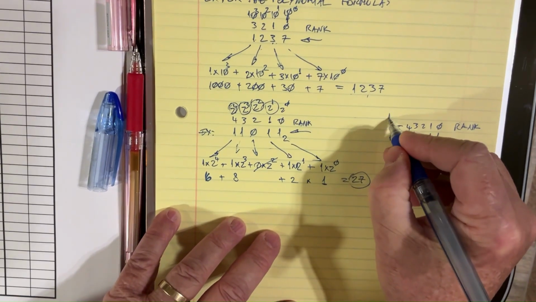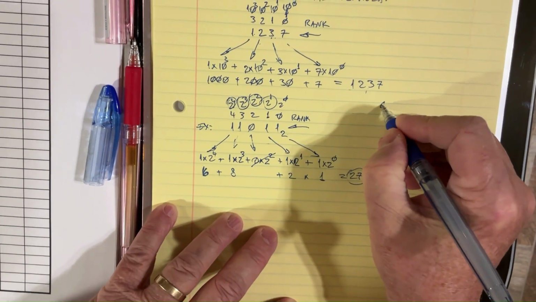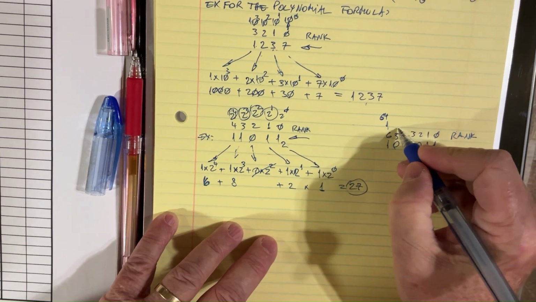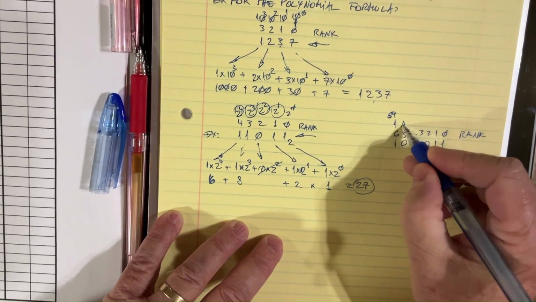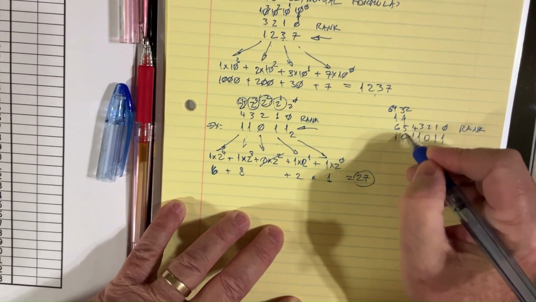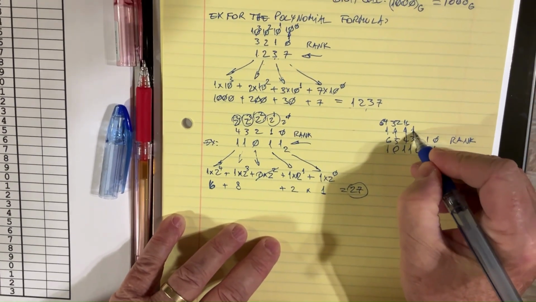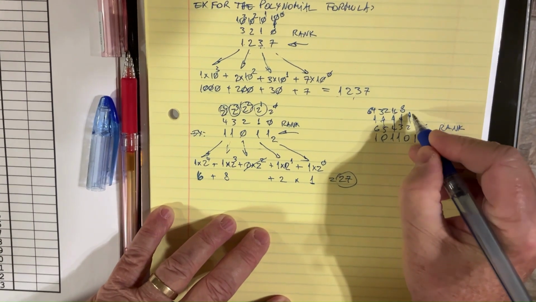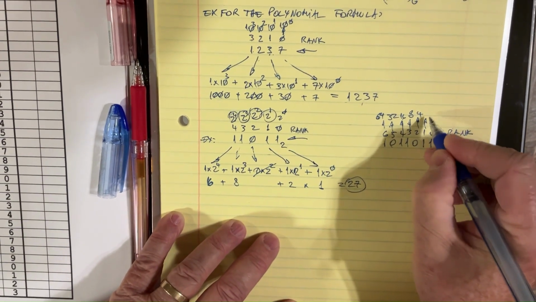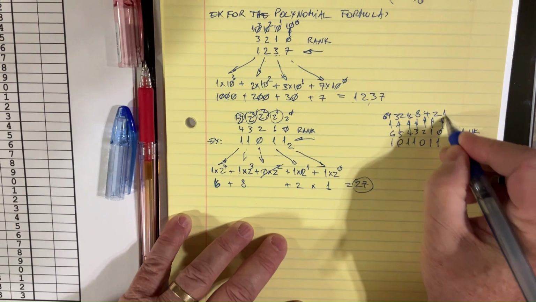I'm writing it directly to know what it is, 64. Here, this one is going to represent 32, because 2 at the 5th is 32. This one is 16. This one is 8. This one is 4. This one is 2. And this one is 1.